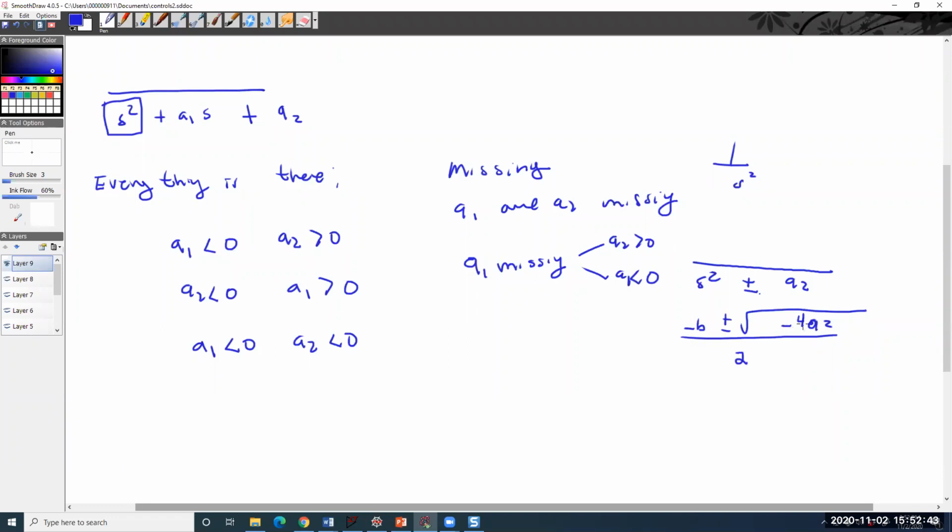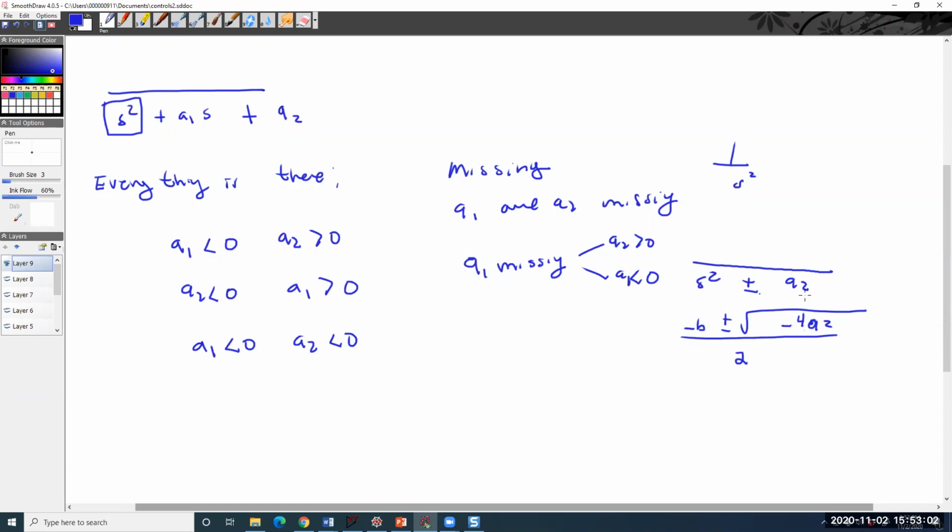So if A2 is greater than 0, it becomes an oscillator because it's plus or minus an imaginary number.